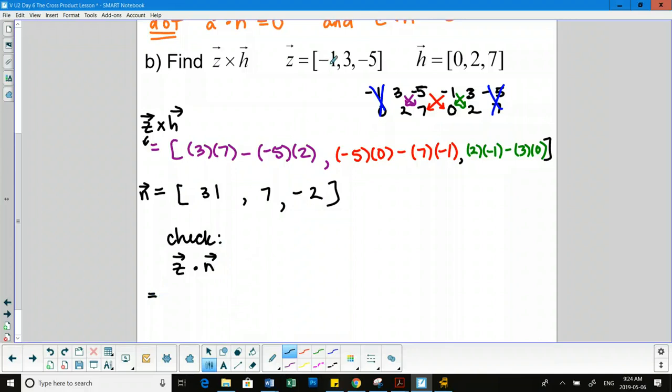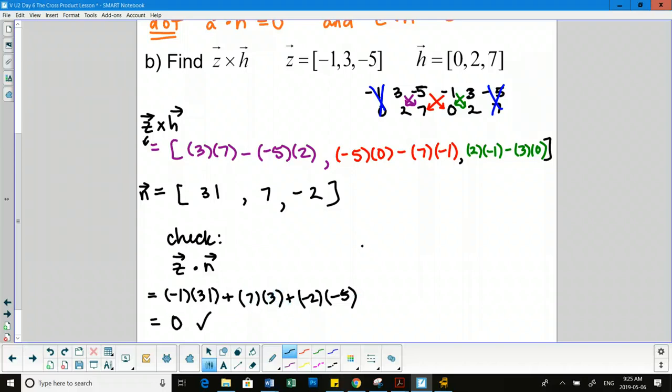I would be taking my vector z, the x, y, and z components, multiplying them and adding them, so doing the dot product here. I want to check that each of these is equal to 0. So I get negative 31 plus 21, that gives me negative 10, plus 10, which gives me 0.